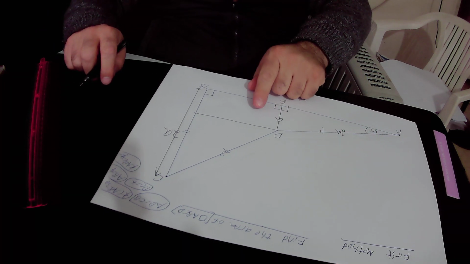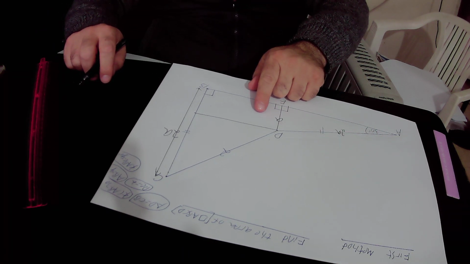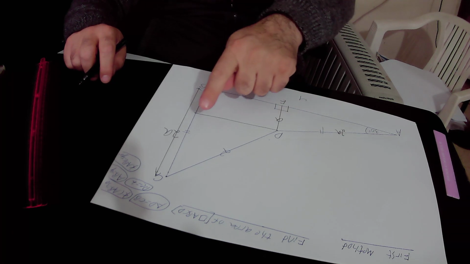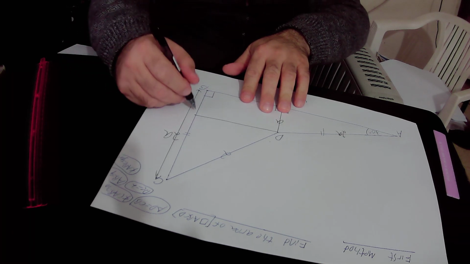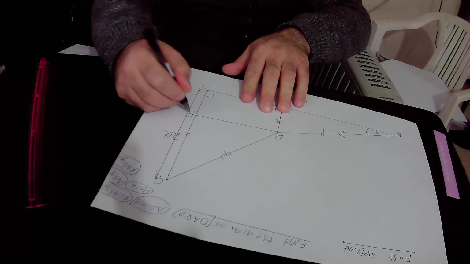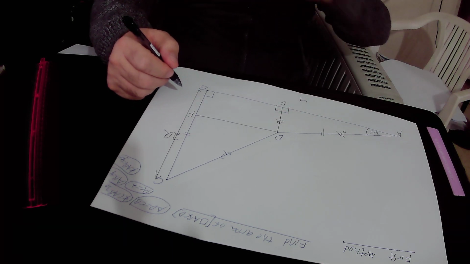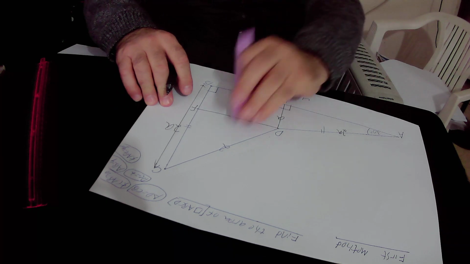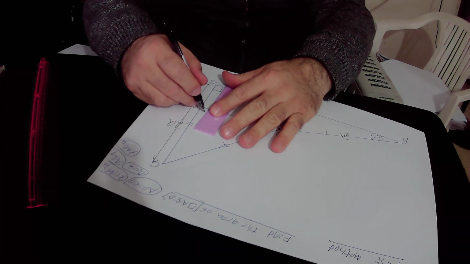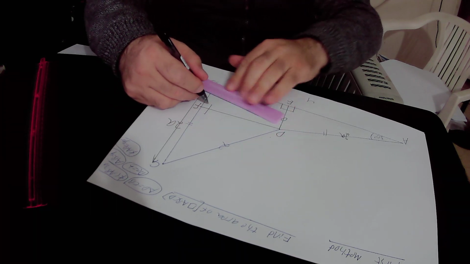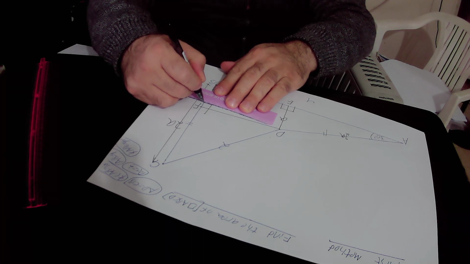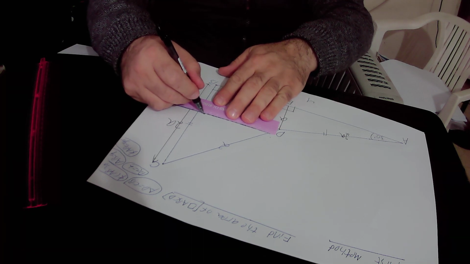We will define the touching point between the perpendicular from point D to CB as point F. So this angle will be equal to 90 degrees, and this angle will also be equal to 90 degrees.